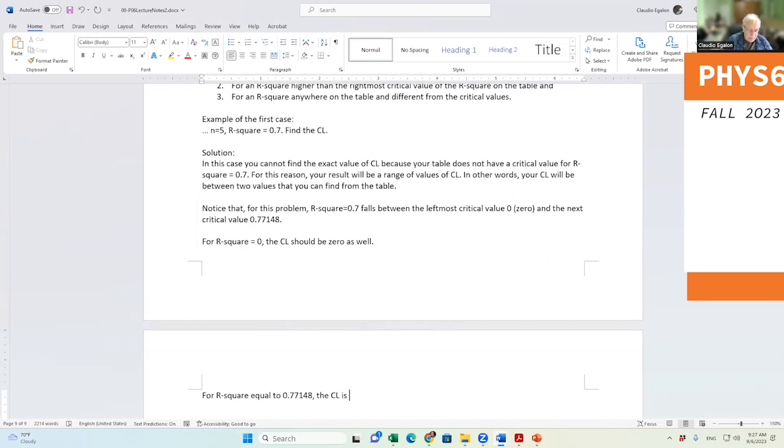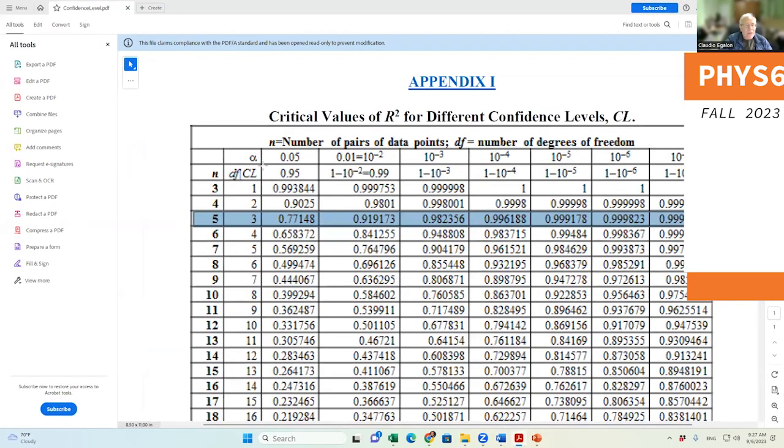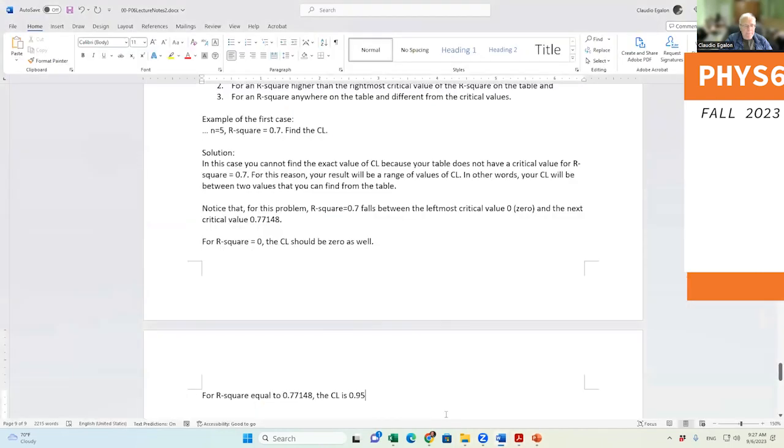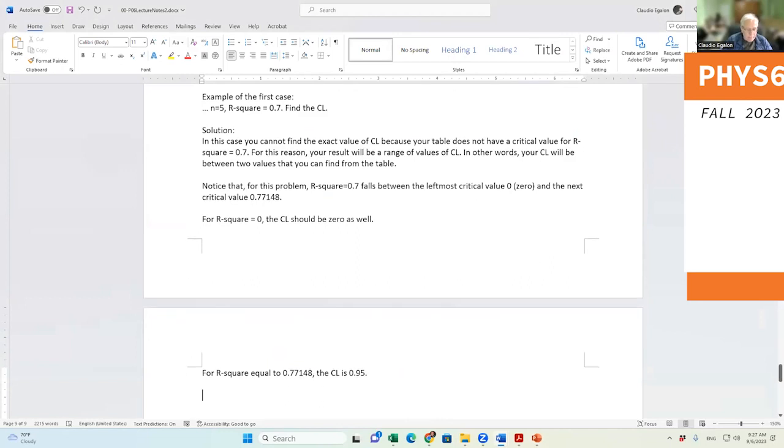It's 0.95, right? Going back here. 0.95. Consequently, it's going to be something like that.